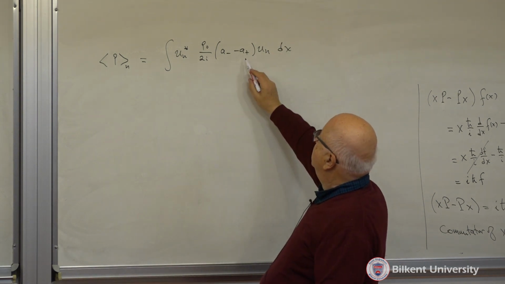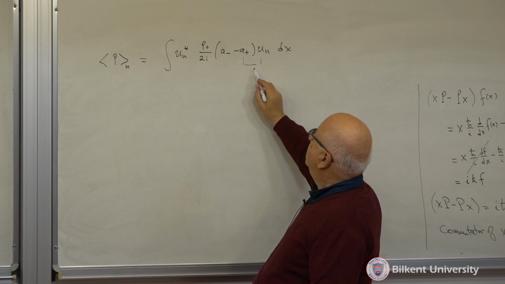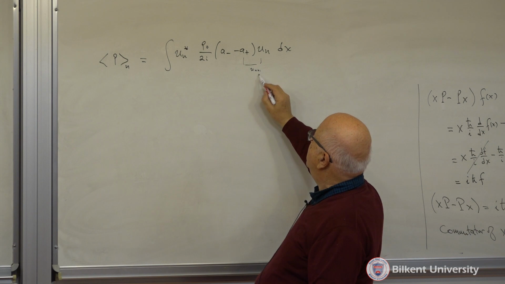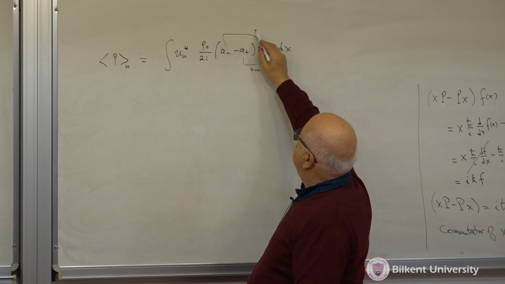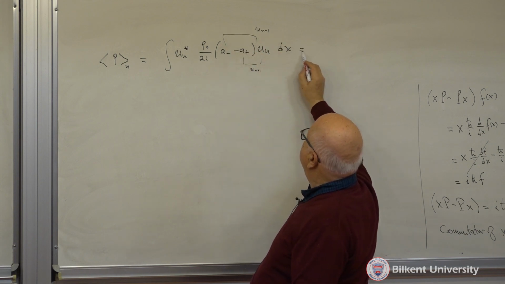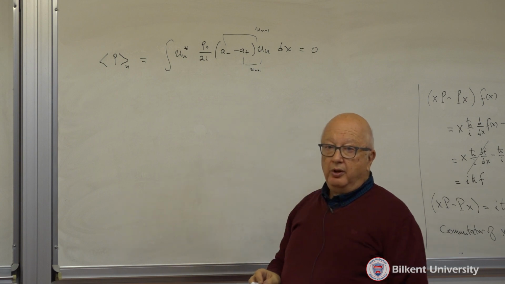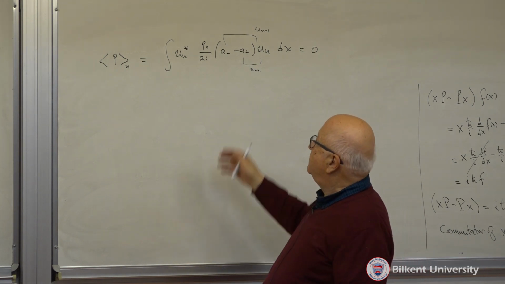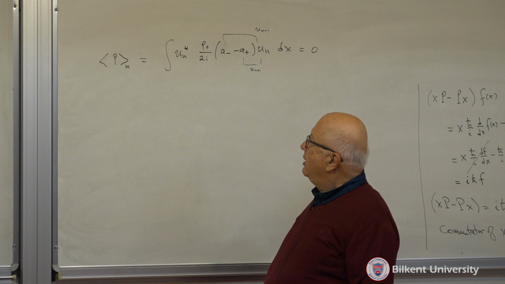So very simple. Okay, this is just going to be proportional to un plus 1. That's going to be proportional to un minus 1, so the integral will be 0. So P squared is just going to be the square of this.